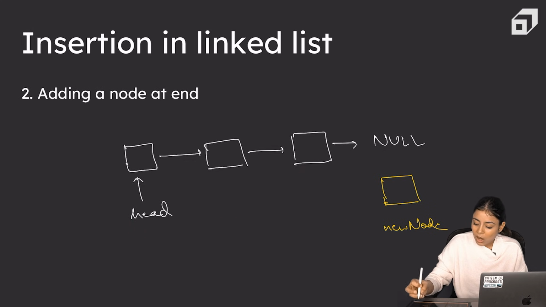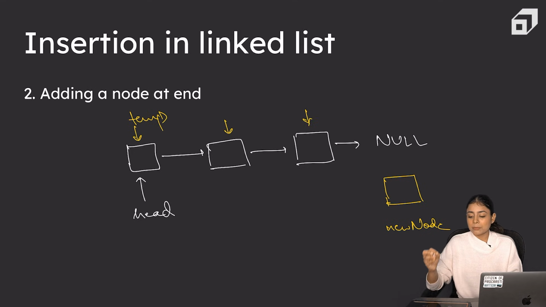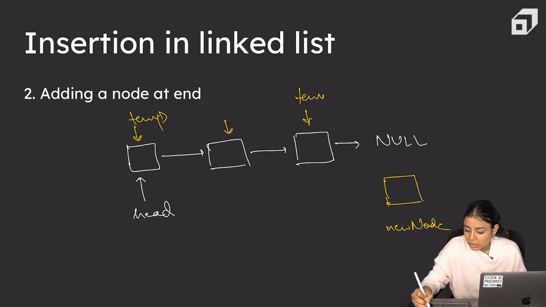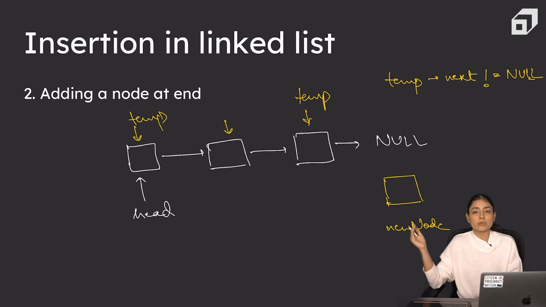And we already know how to do that. I'll create a temp pointer and I'll keep moving the temp pointer until my temp pointer next is pointing to null. So until my temp pointer next is not equal to null, I'll keep moving it forward.